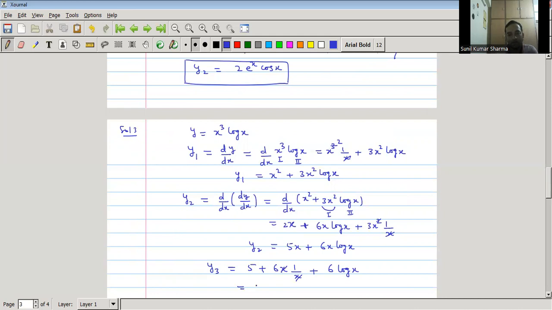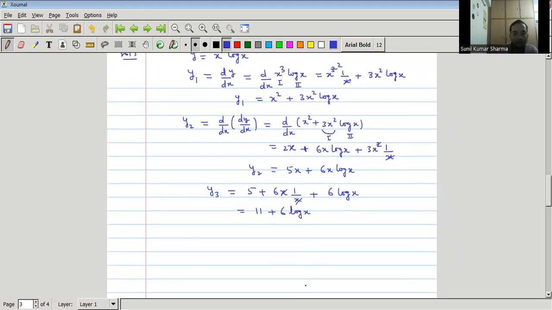So we get 6 plus 5 is 11 plus 6 log x. So this is y3. Now again differentiate, so y4. y4 is derivative of 11, which is a constant, so its derivative is 0, plus 6 times derivative of log x, which is 1 upon x. So we get 6 upon x. So this is the fourth derivative of y.